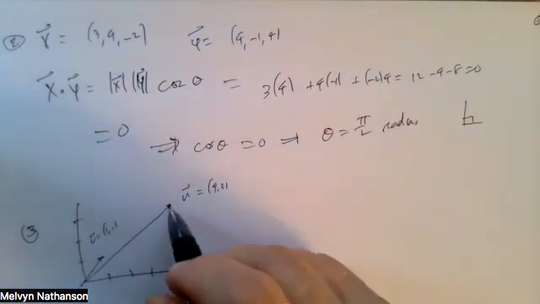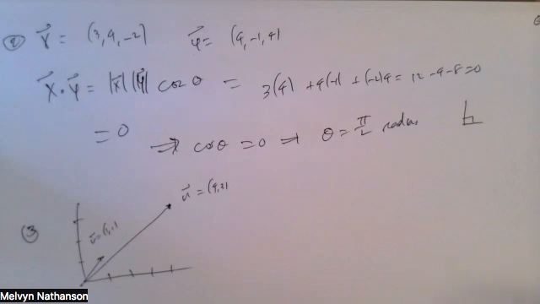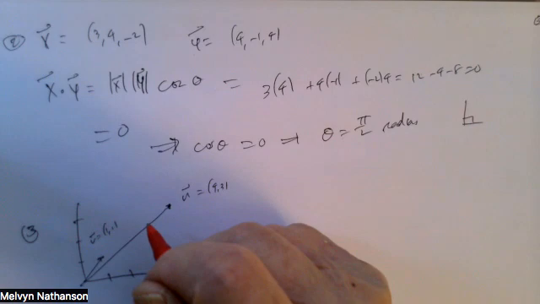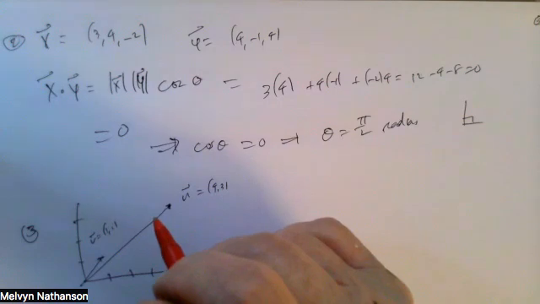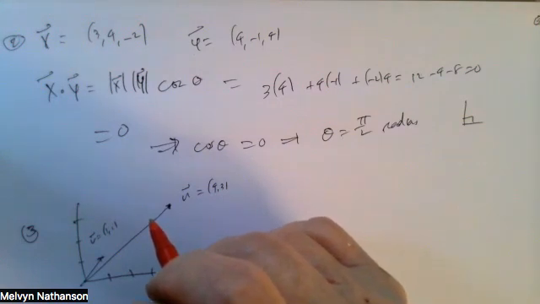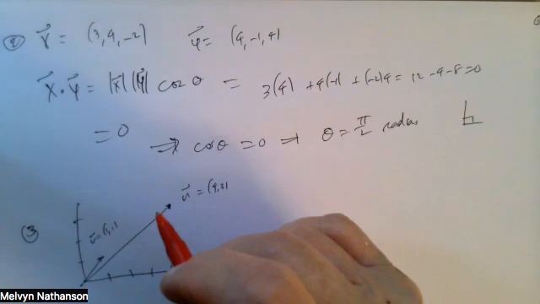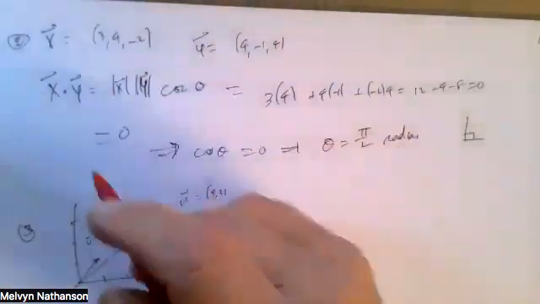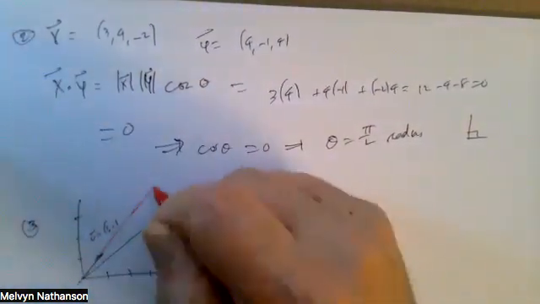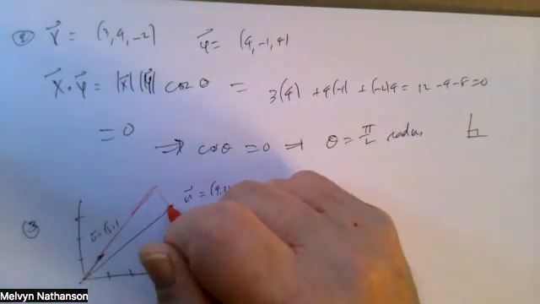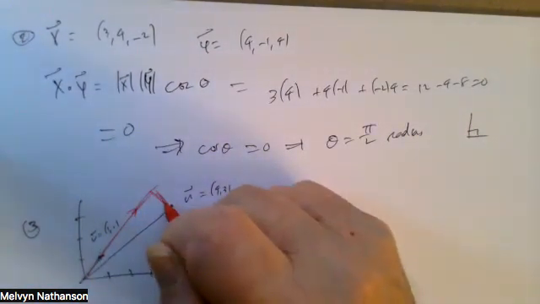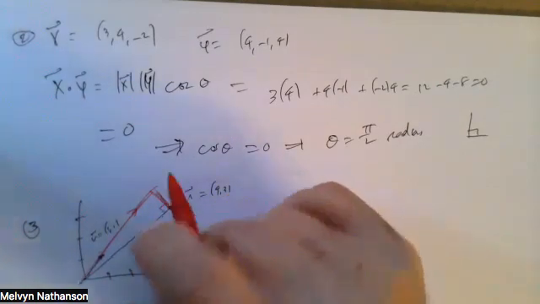And we want to express u as a vector parallel to v and a vector normal to v. So I want to write somehow u as a vector. This vector is parallel to v, and this vector is normal to v.